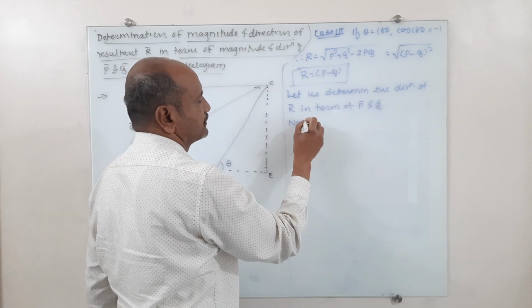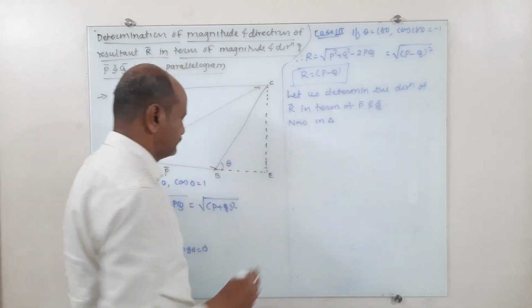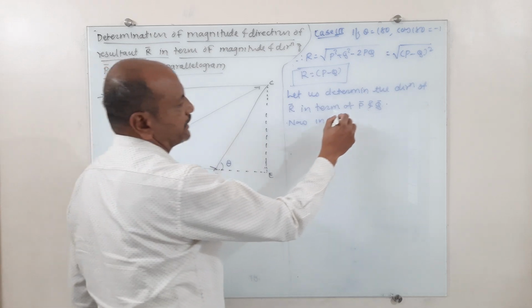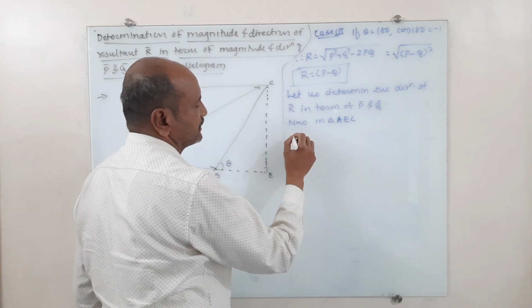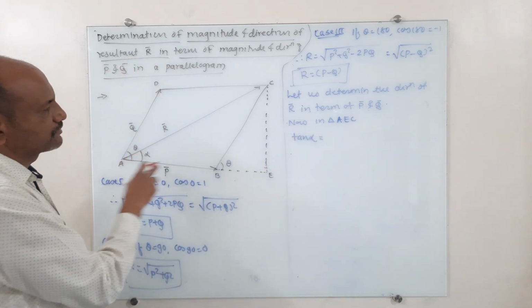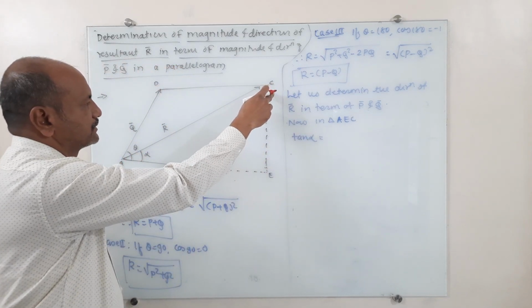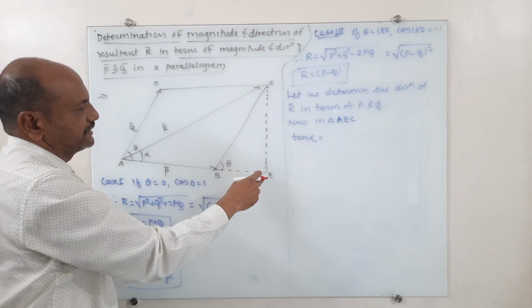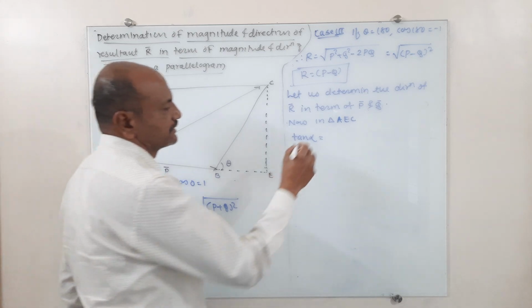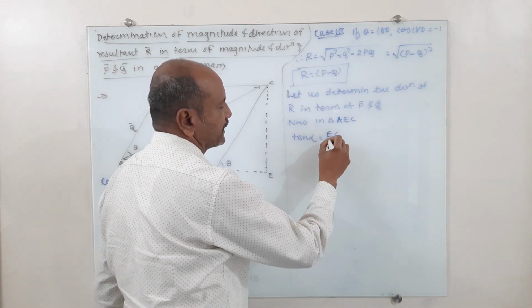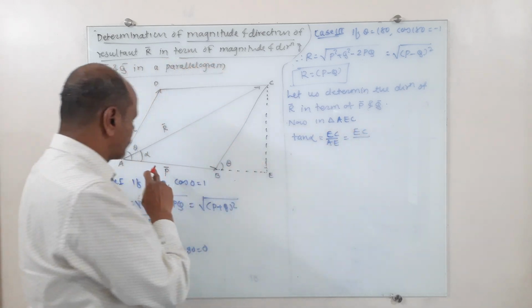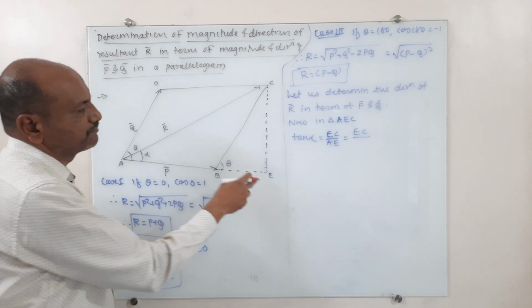Now, in a triangle AEC, tan alpha is equal to what? EC upon AE. How to write AE?